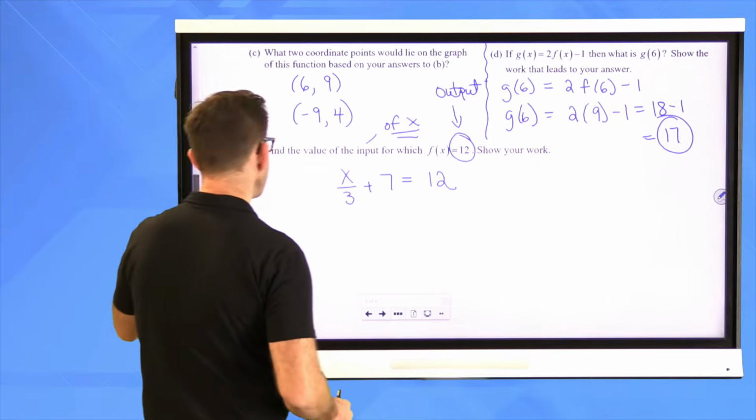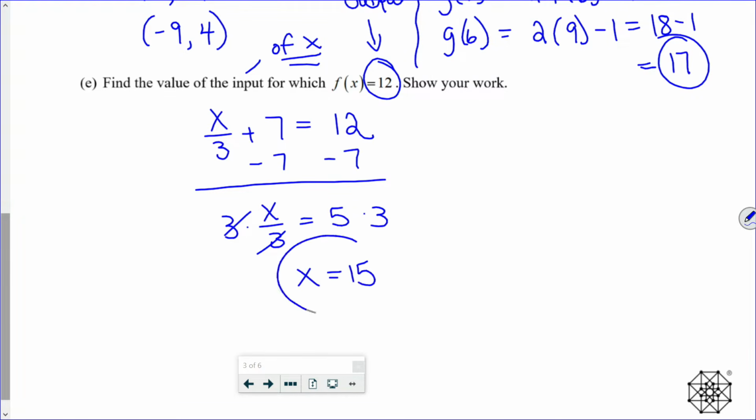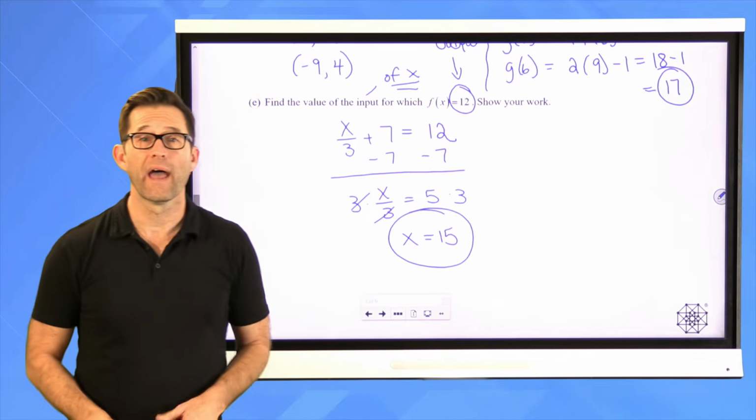I mean, take me back to the last unit, please. I'm just going to subtract 7 from both sides. That's going to give me x divided by 3 is equal to 5. Then I'm going to multiply by 3 on both sides, and I'm going to get x equals 15. But again, think about the work I have to do for that.